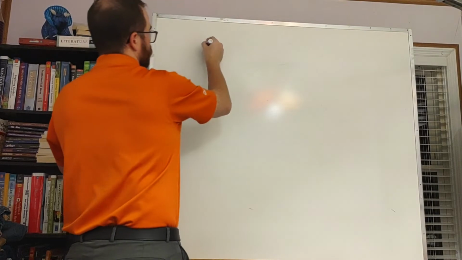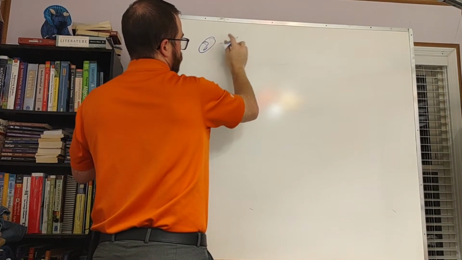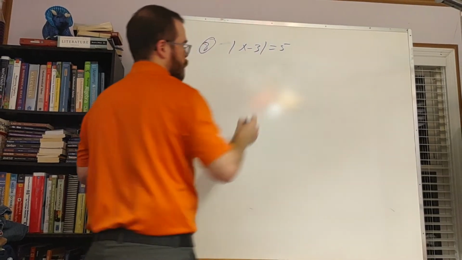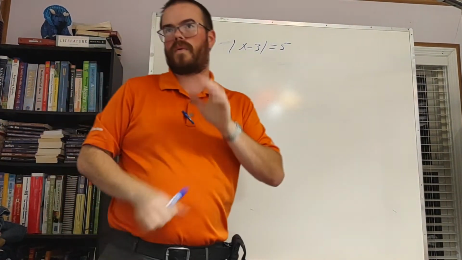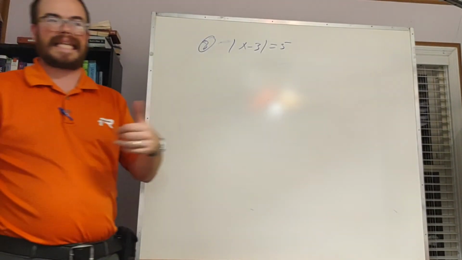We've got absolute value of x minus 3 equals 5. Okay, so we're thinking we have to take the positive case and the negative case.